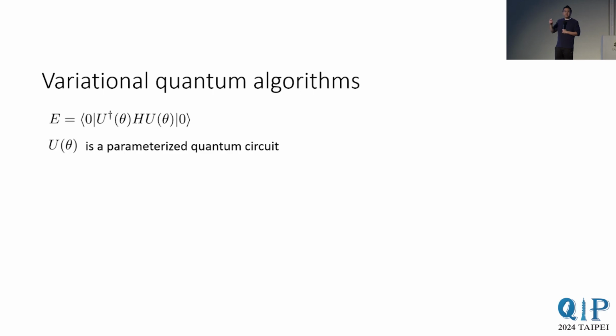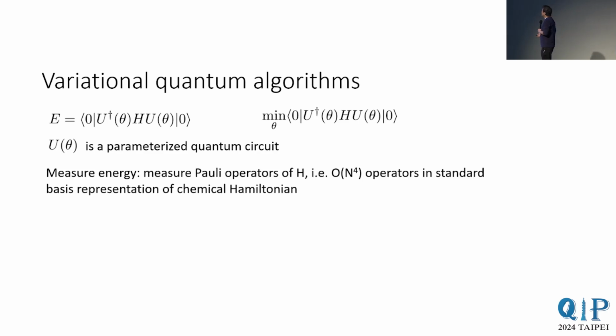The unitary circuit has some parameters, and you optimize the parameters by minimizing the energy. I mean, it's just a variational theorem. Now, when you measure the energy in this case, you measure it by measuring the individual Pauli operators of the Hamiltonian. And if your Hamiltonian, for example, is written in an atomic basis, it has n to the 4 Pauli operators. So you have to measure many things.